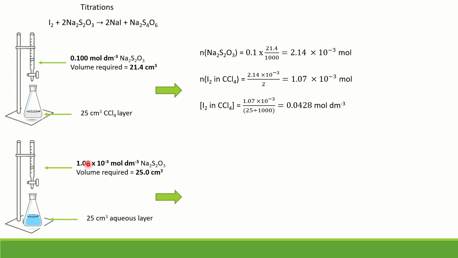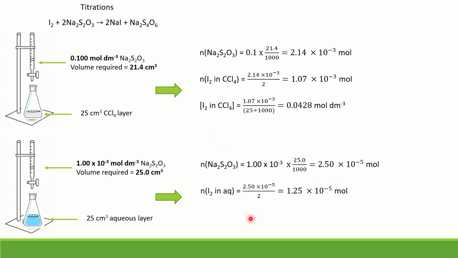Next, you do the same thing to the aqueous layer. First, you find the number of mole of sodium thiosulfate that you use for titration. So concentration times the volume. The volume here is 25. And then it is equal to 2.5 times 10 negative 5 mole. Next, do the same thing. 1 mole of iodine requires 2 moles of sodium thiosulfate. So here I have number of mole divided by 2, which is equal to 1.25 times 10 negative 5 mole.